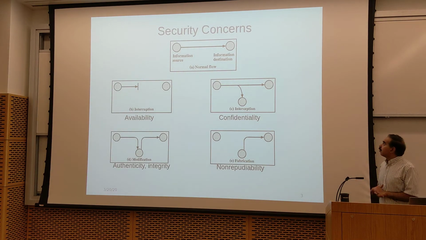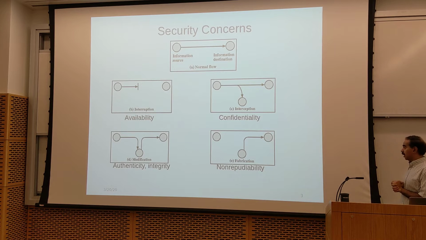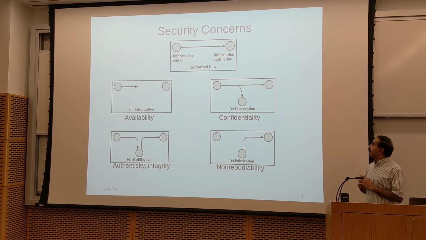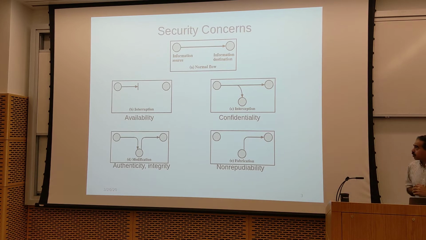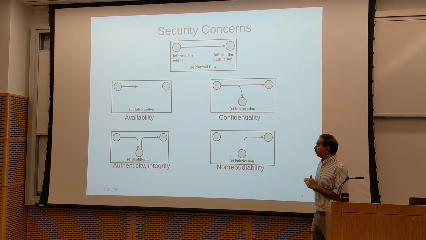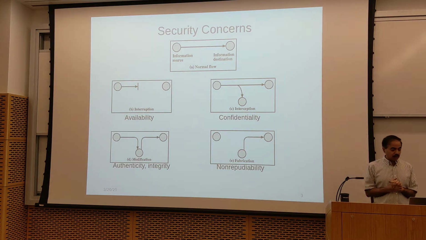So when we think about security concerns in networks or during transmission, we can identify four types of issues, right? The first picture at the top shows you what is normal information flow, and then the adversary can try to affect it in multiple ways. The very first and the simplest one is interrupting the flow.